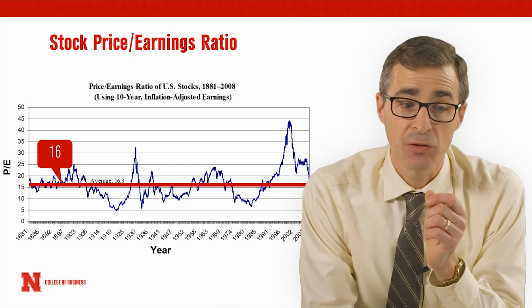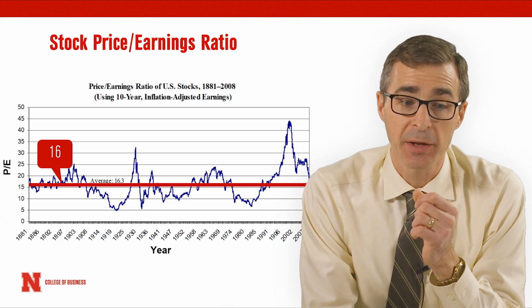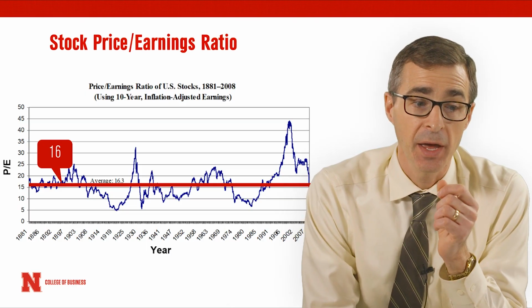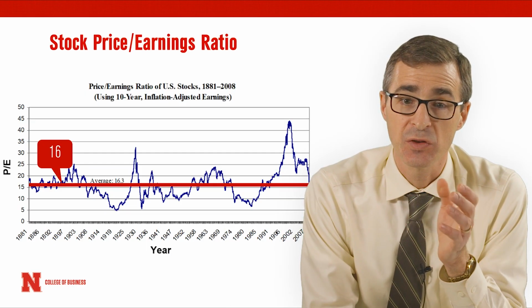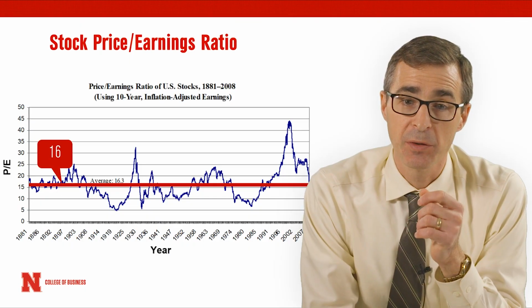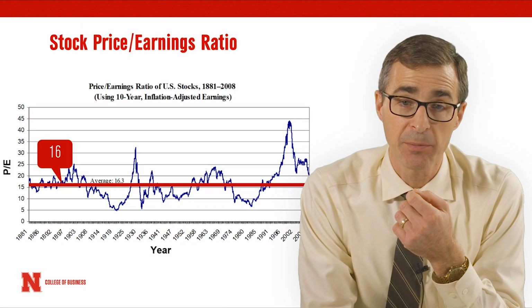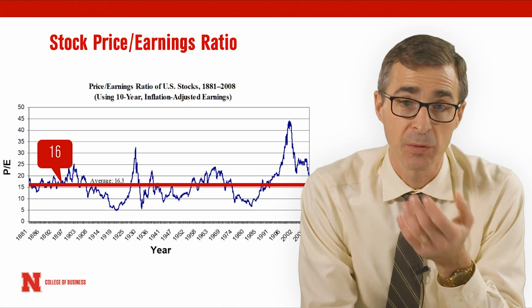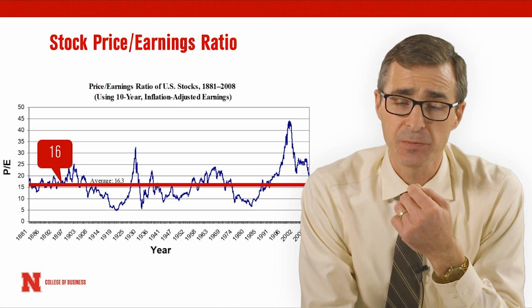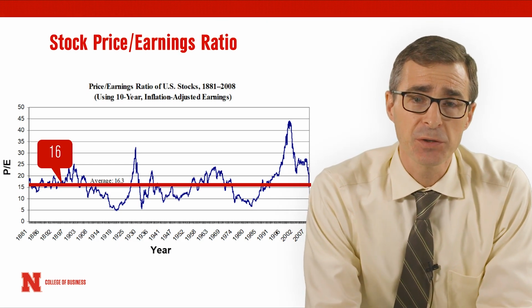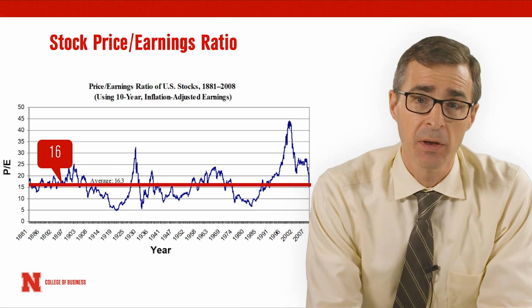In fact, the two times that stand out dramatically are 1999, near the right-hand side of the graph, and 1929, just left of center. Both of those episodes were followed by spectacular stock market collapses and ensuing economic recessions. This is a very useful figure, and Professor Shiller updates this monthly on his website.